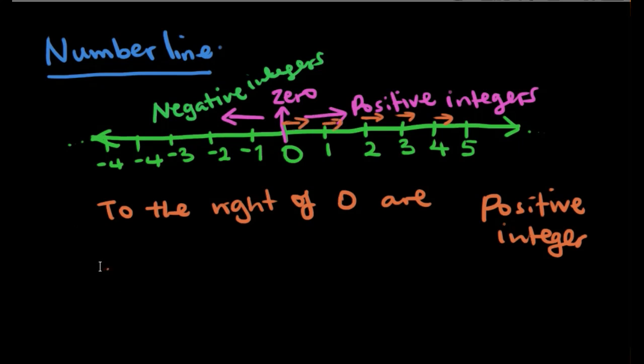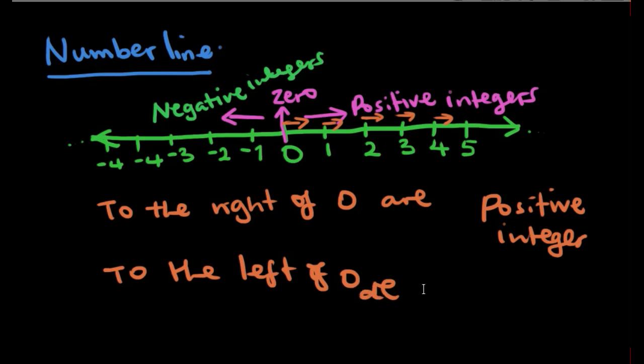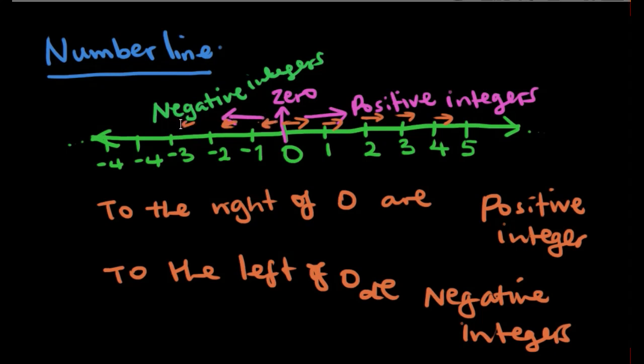Now, numbers to the left of 0 are negative integers. These are the numbers that I'm talking about.